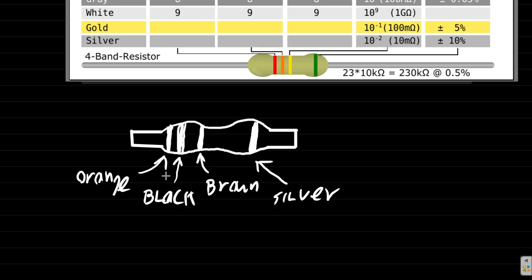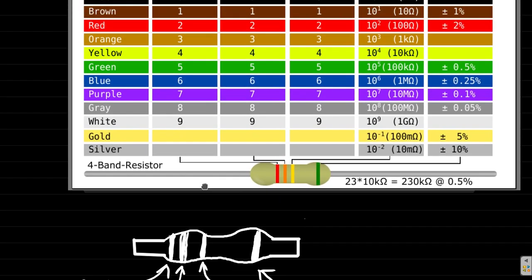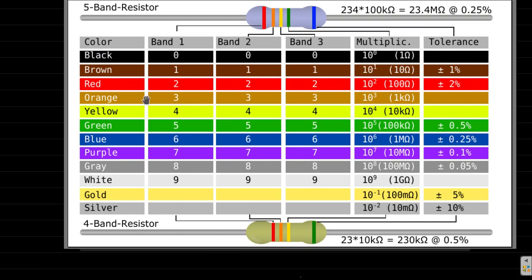So let's see. You know that the second to last color, in this case the brown, is going to be the multiplier. The colors to its left will be the digits. So orange, you look at the table, what number is associated with orange?